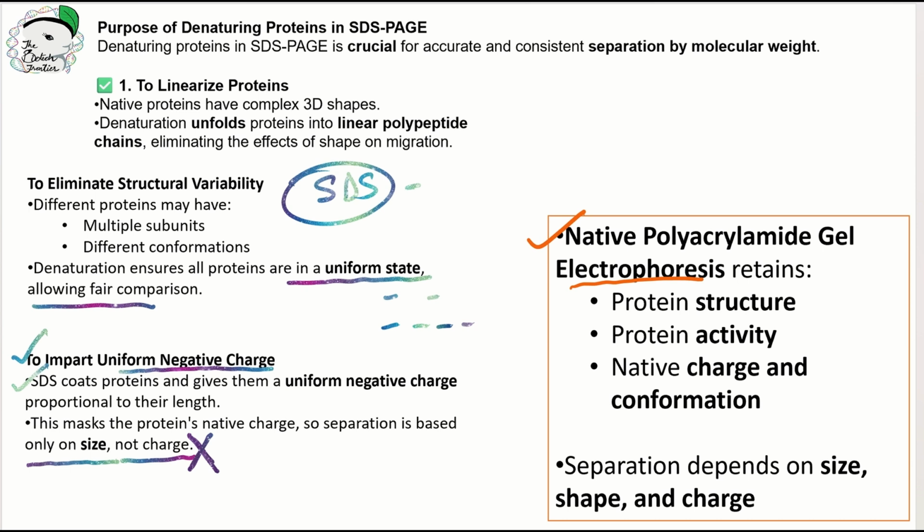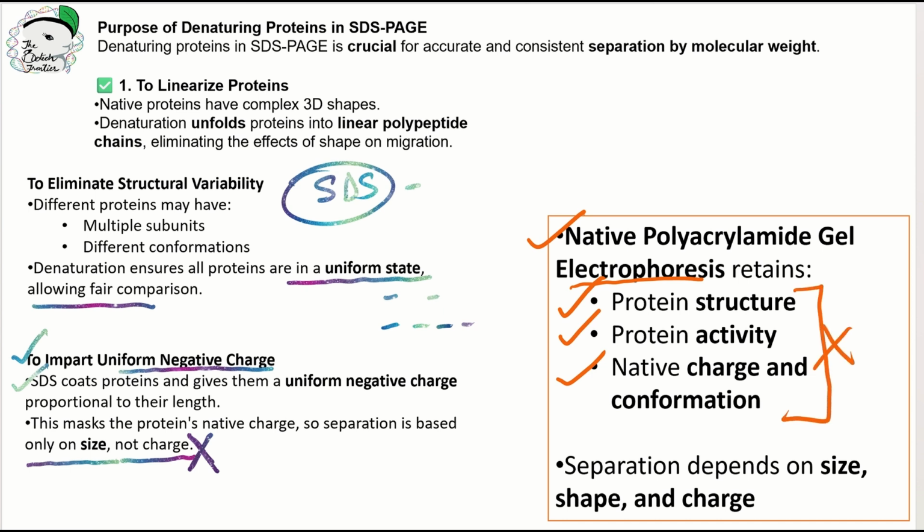Native PAGE retains the protein structure in its native form. It also retains the protein activity as it was in its native state. It also conserves the native charge as well as the conformation, so we do not need to hinder any of these.